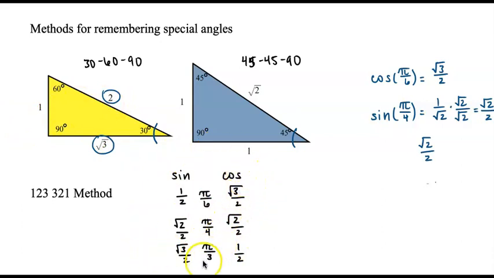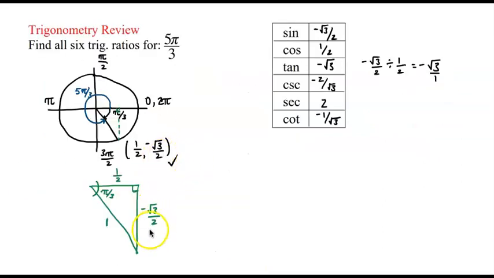The cosine of pi over 3 is 1/2. The only thing that you'll have to remember is that neither of these methods include the sign, so just be extra sure that anything that includes the y value is negative, meaning your sine, cosecant, tangent, and cotangent are going to be negative, so just be careful with that.